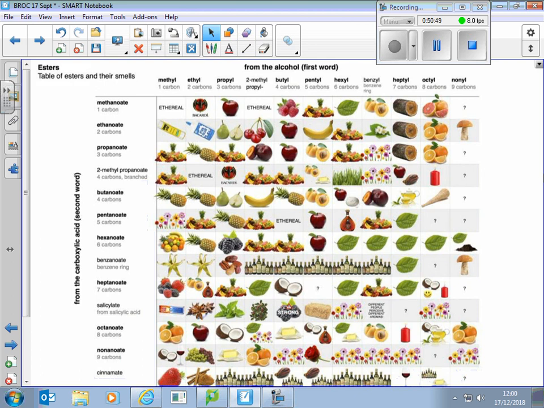Methyl heptanoate, very definitely berries. Methyl octanoate, oranges. Methyl nonanoate, no, that's not a pineapple, it's a coconut. Coconut and alcohol.